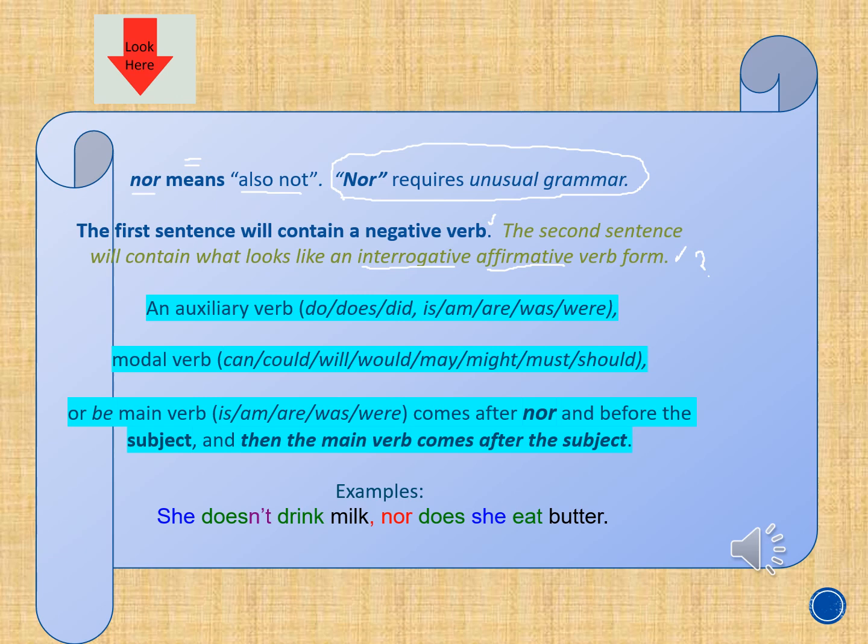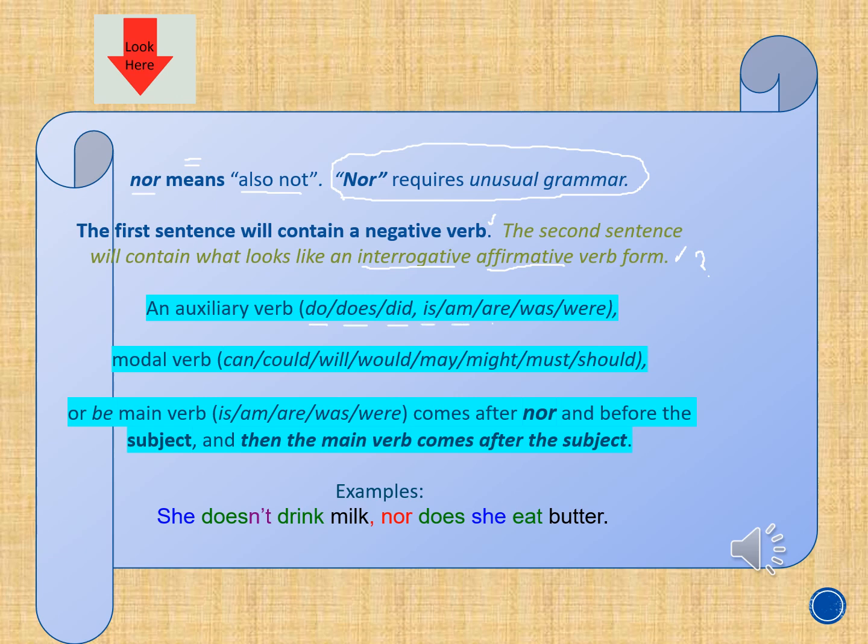We're going to analyze each of the sentences. So yes, for the second independent clause, you might need to use do, does, did, or is, are, was, or were.